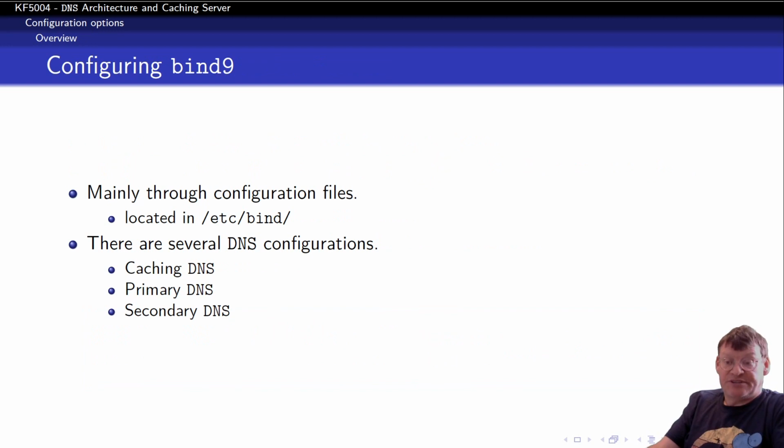Now, how do we configure it? Well, configuring bind9 is predominantly done from a single folder, /etc/bind. In there are a selection of files, and they all begin with named. Well, that's the configuration files anyway. We'll be looking at database files later on.